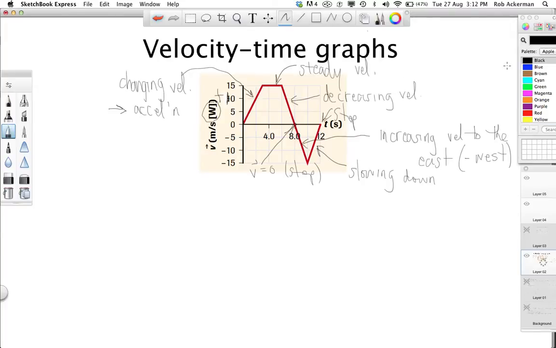Well, hopefully you remember from grade 11 that on a velocity time graph, the slope refers to the acceleration.